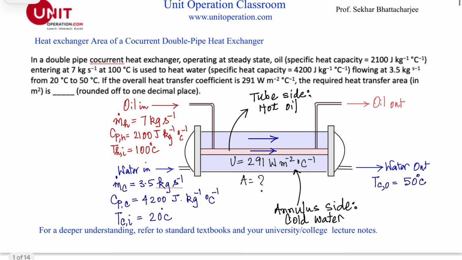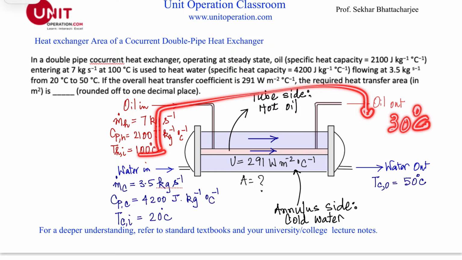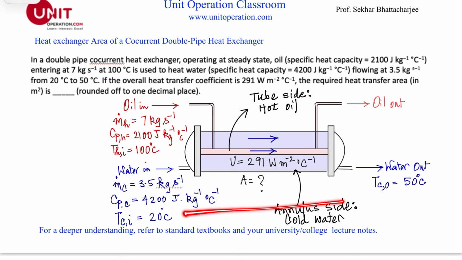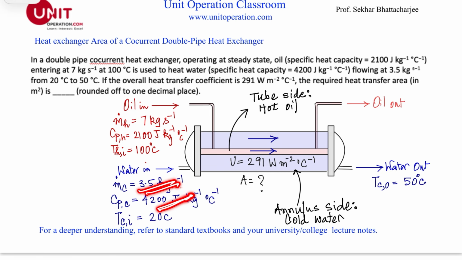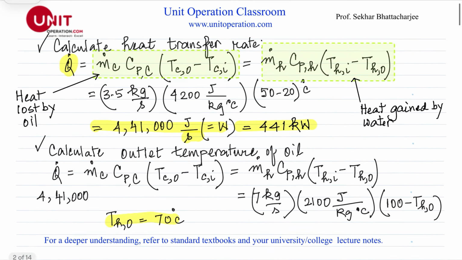So basically, the water is being heated by 30 degrees Celsius, and since the heat capacity rate is the same, the oil is also cooled by 30 degrees Celsius. Delta T is the same since the heat capacity rate, the product of mass flow rate and specific heat capacity, is the same for these two fluids. This is just an observation.